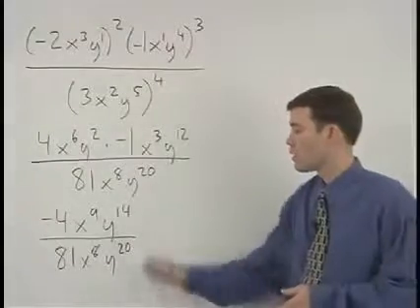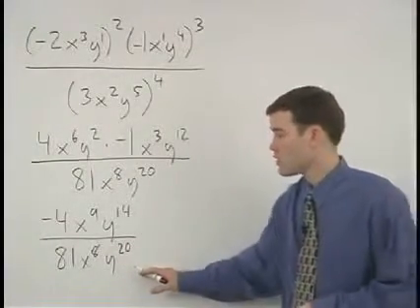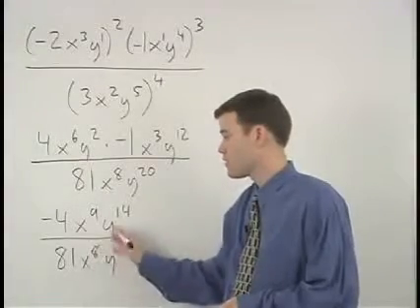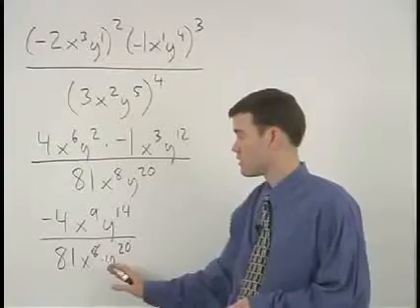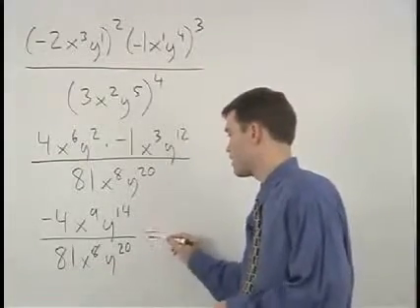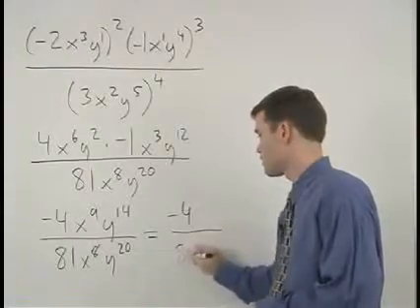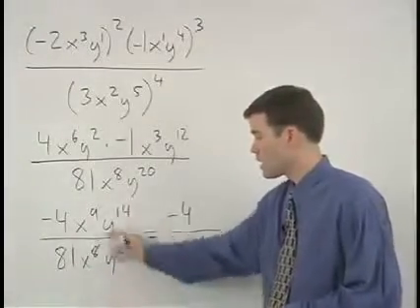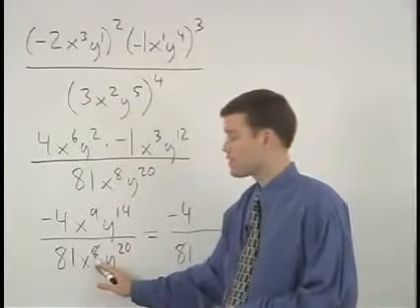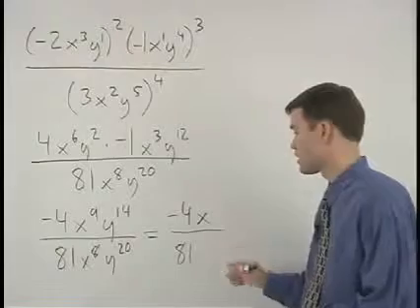Finally, we apply our quotient rule. And remember that the quotient rule states that when you're dividing powers that have the same base, simply subtract their exponents. So we have our coefficients of negative 4 over 81. And for our x's, we take 9 minus 8, which is 1, so we have x to the first, or x.